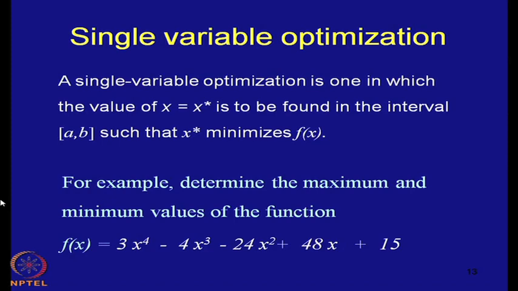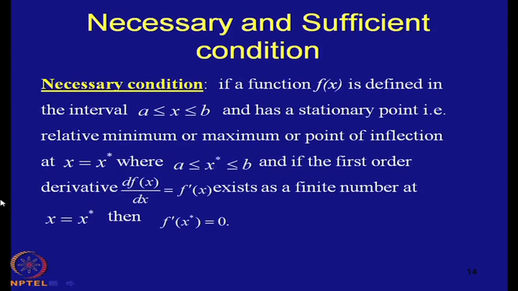As we see, this function is nonlinear in nature, it involves only one decision variable, that is x. Now, our task is to find out the maximum or the minimum value of this function, rather the optimal points, rather the stationary points for this function. For dealing with that, we need to learn the necessary condition for the problem.